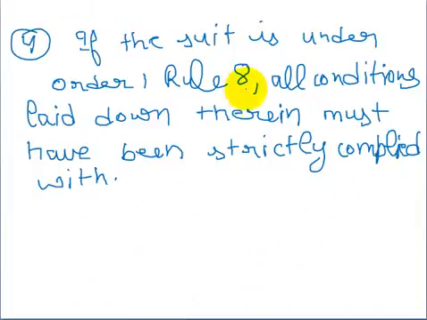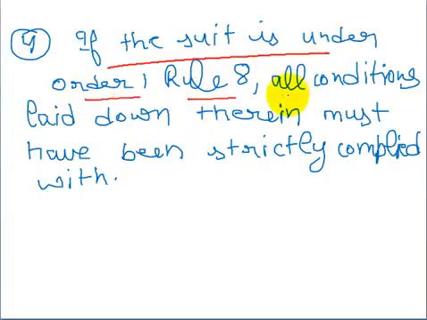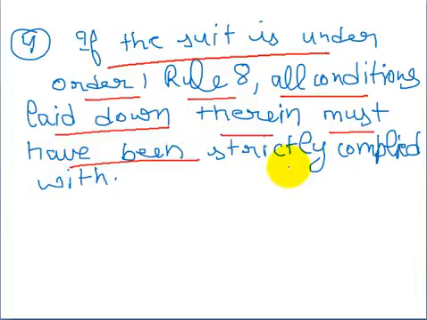Fourth condition, if the suit is under Order 1, Rule 8, all conditions laid down therein must have been strictly complied with. It is only when the above conditions are satisfied that a decision may operate as res judicata in the subsequent suit.